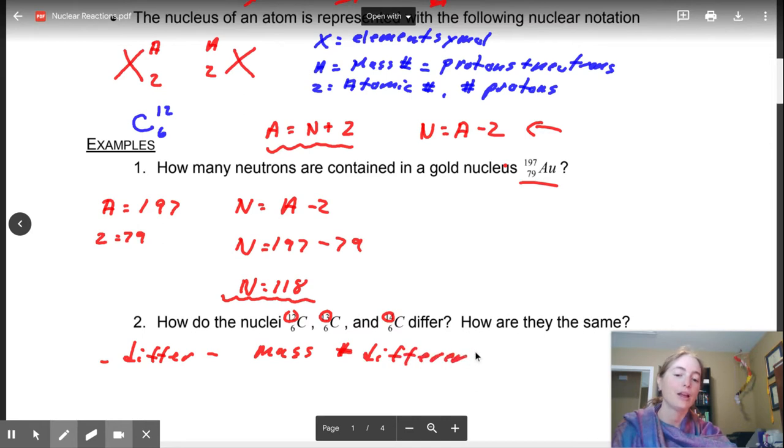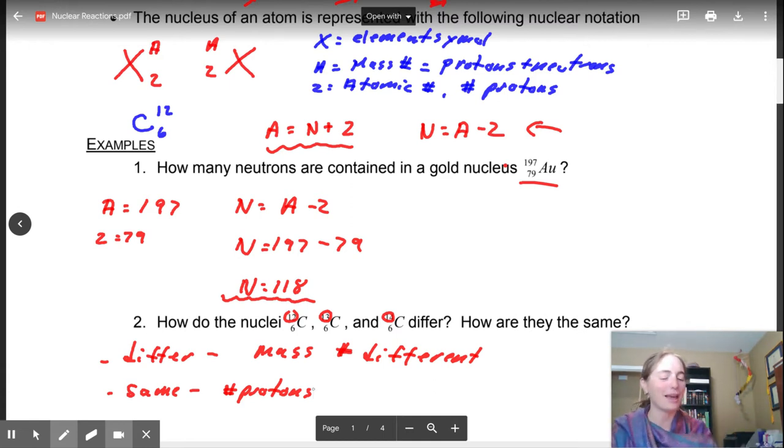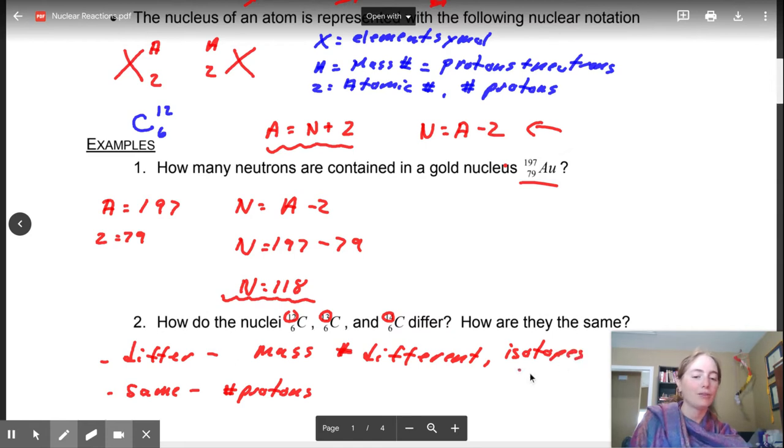But because they have the same number of protons, they are the same element. Not the same atom, the same element. So because they're the same element, their mass is different. They are isotopes of each other, which means they have a different number of neutrons.